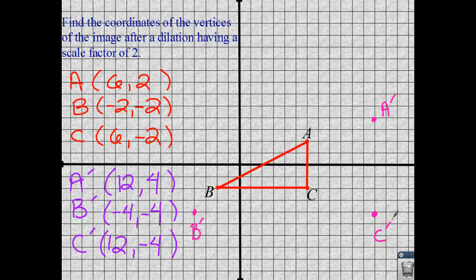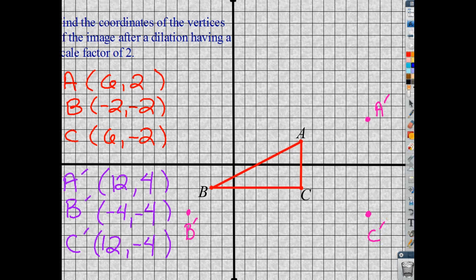Take out a straight edge, and let's see what this new picture looks like. All right, so we have a stretch.